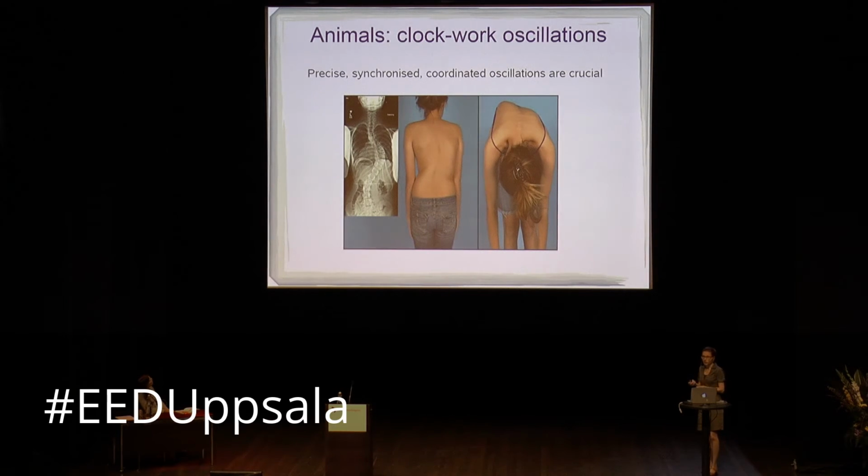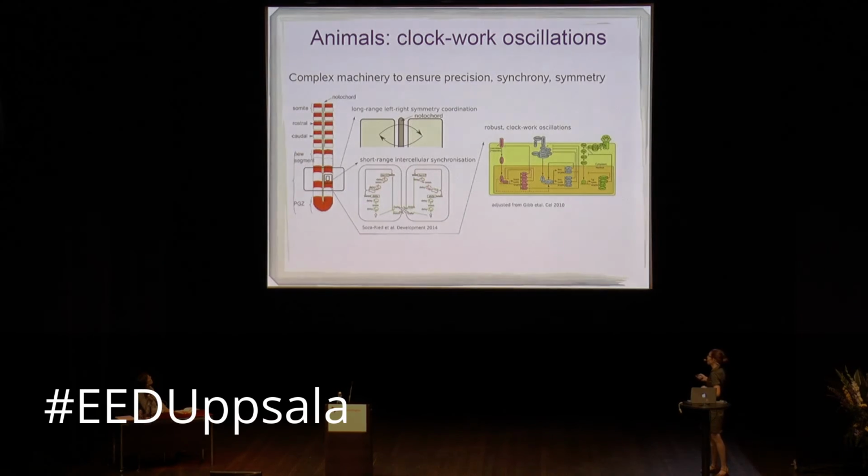So it is imminent that in somitogenesis what is crucial is that it is precise, that it's reproducible from one individual to the other, and that it's highly symmetric. So if we look at the underlying machinery, then it's very clear that it is the way it is because it wants to, well, want is not a good word, of course, for a biologist, but that it is wanting to do that.